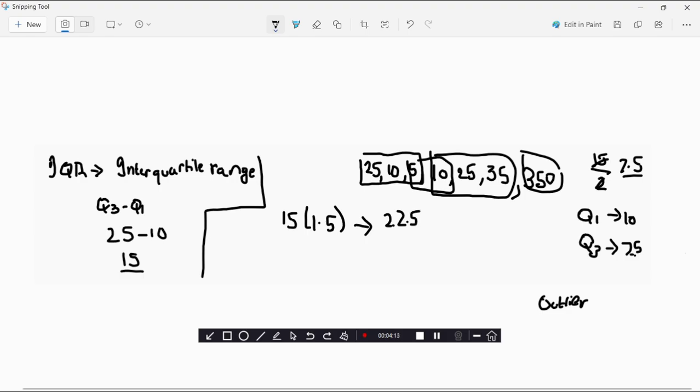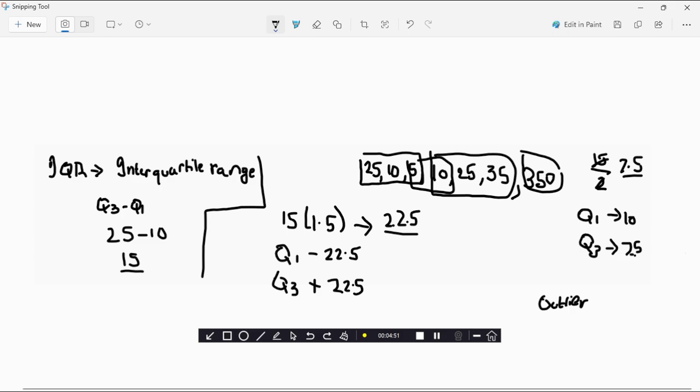You would subtract this 22 and a half from your Q1, so Q1 minus 22 and a half. And you would add your IQR times 1.5 to your Q3, so plus 22 and a half. We know our IQR is 15, and 15 times 1.5 is 22 and a half.